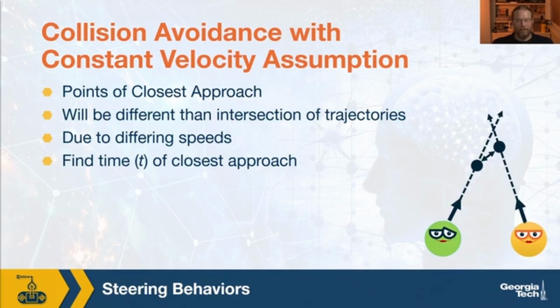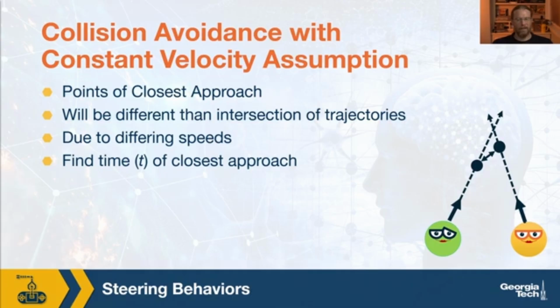We can improve upon the collision avoidance strategy if we add a constant velocity assumption. And so in this case, we can now look for an intersection of the paths of two agents. So again, assuming constant velocity, we're extrapolating along the current direction. We can do so taking into consideration the speed along that direction that they are traveling.